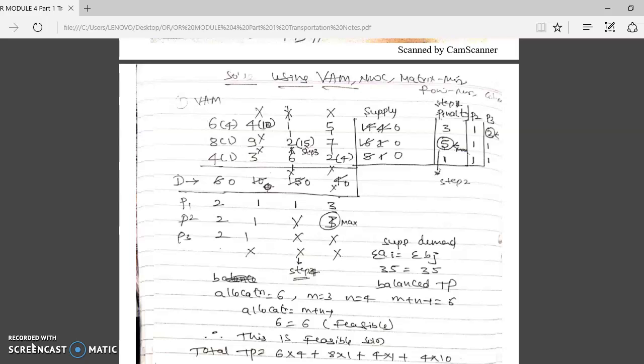Today we'll see the third video tutorial on the PAM method. In the last tutorial, we saw the problems on matrix minimum as well as Vogel's approximation method, that is, VAM. Today we will see one more example on VAM.